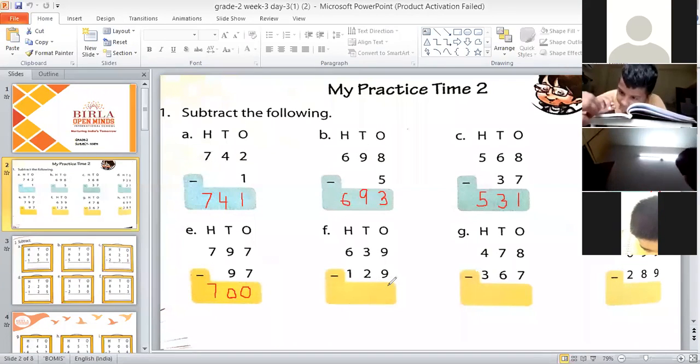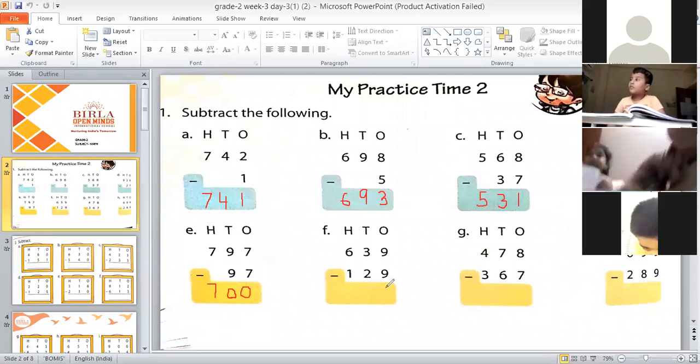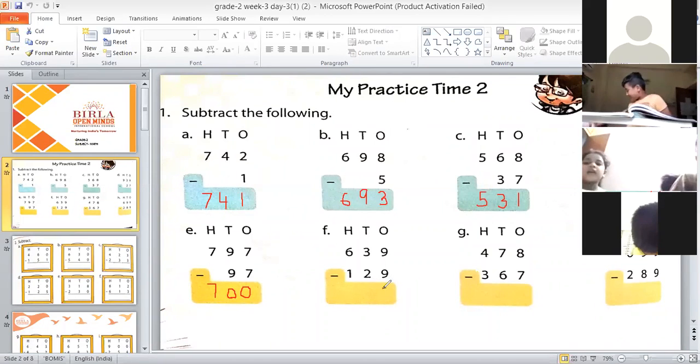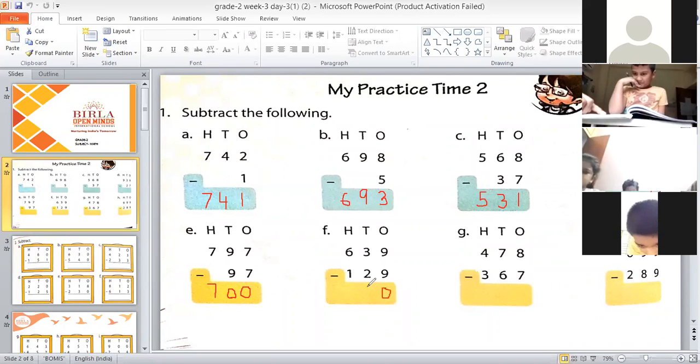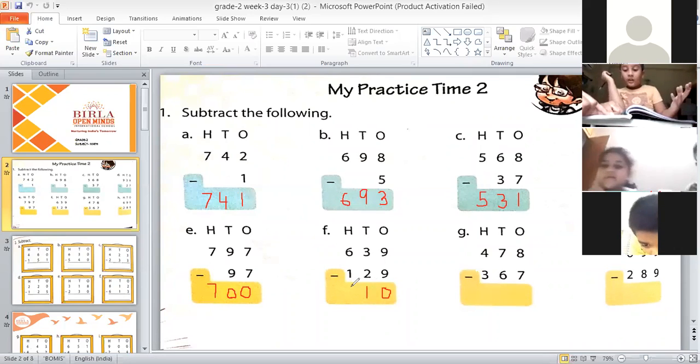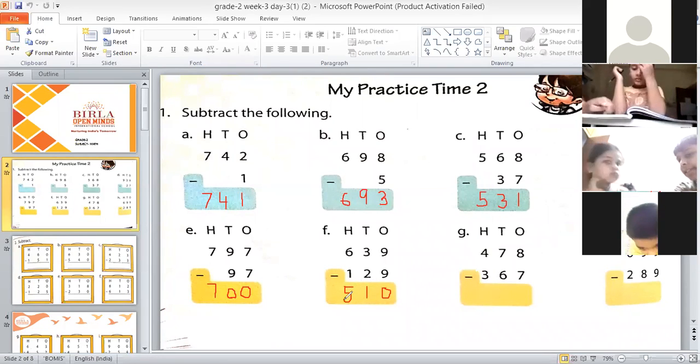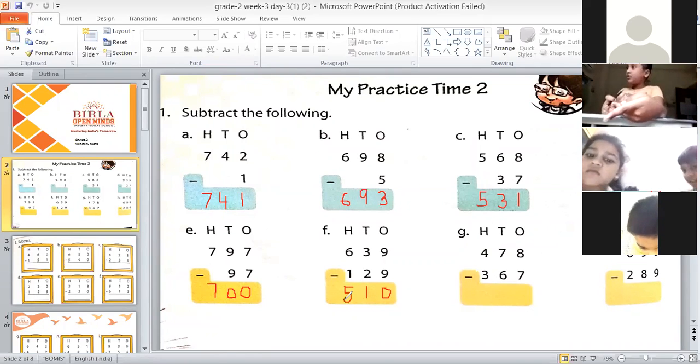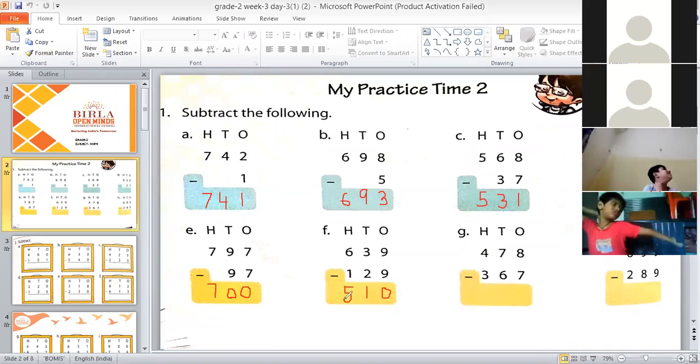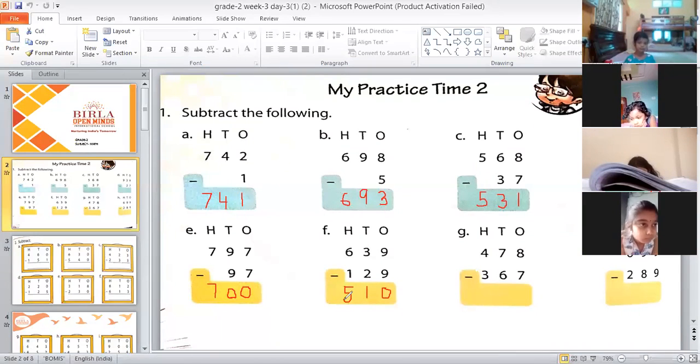Now tell me in one's place what we will write. 9 minus 9 is? 0. Yeah, so we will write here 0. And 3 minus 2? 1. Very good. And in hundreds place, 6 minus 1? 5. Yeah. So, what is the answer? 510. Very good. Answer is 510. That's the correct answer. Very good.